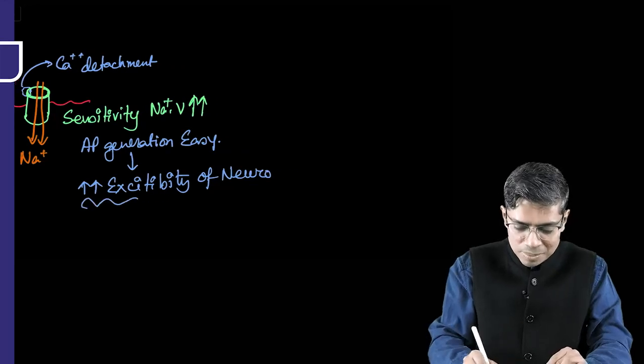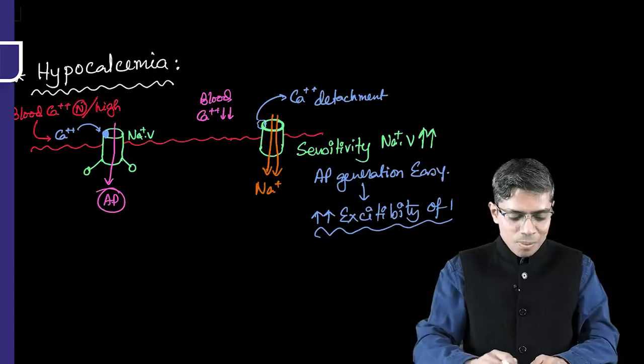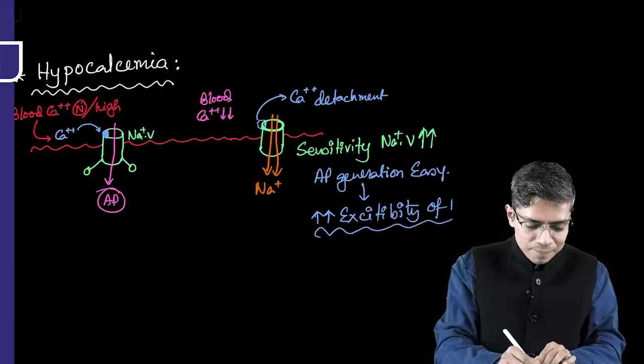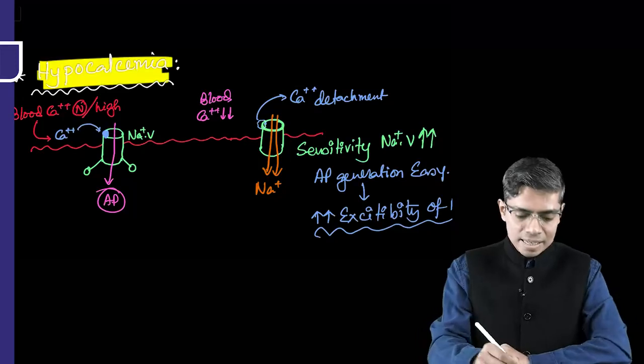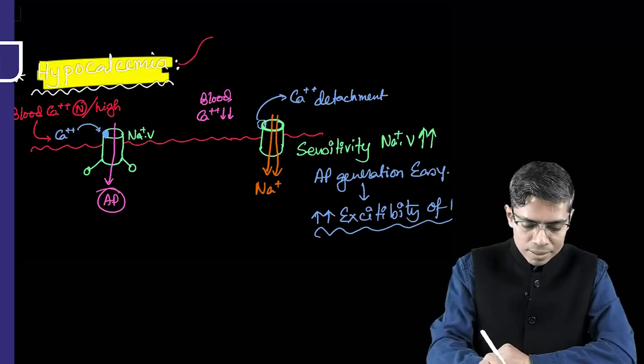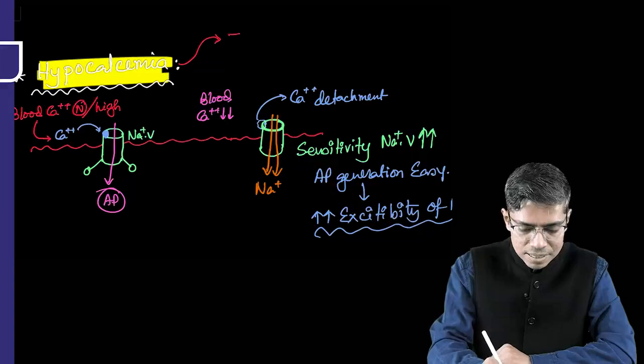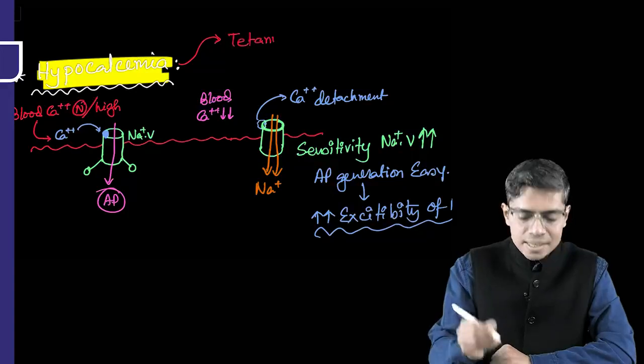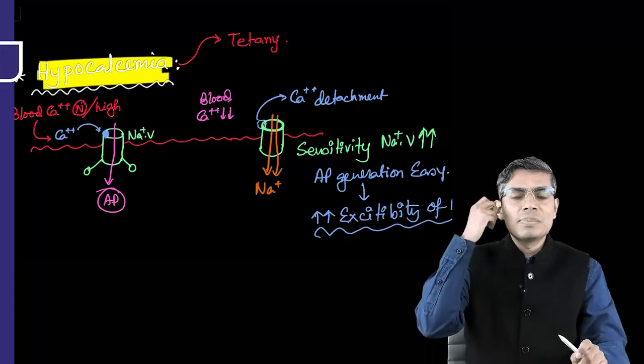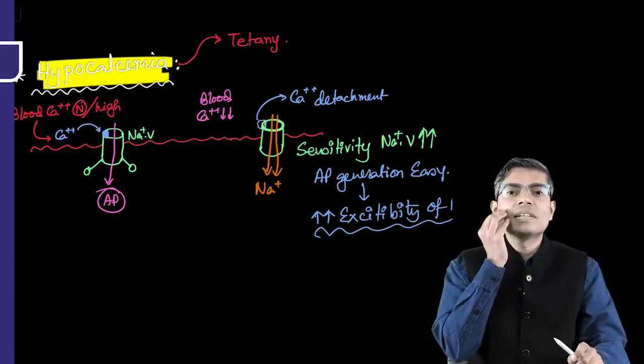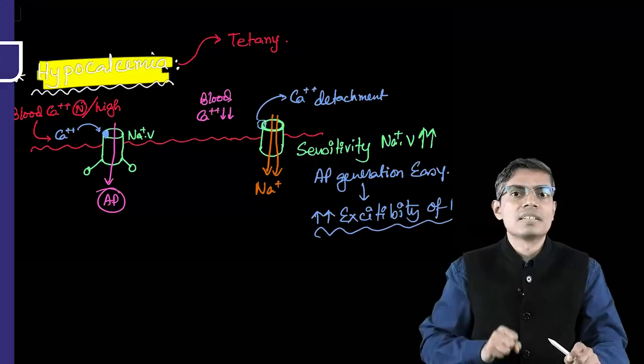Please remember, this is the reason why hypocalcemia causes tetany. All of you know that hypocalcemia, when it is very serious, can cause tetany. And tetany means if you give a stimulation here, your facial muscle will start forming spasmodic contraction.